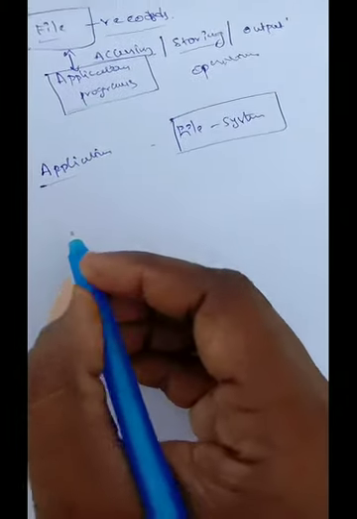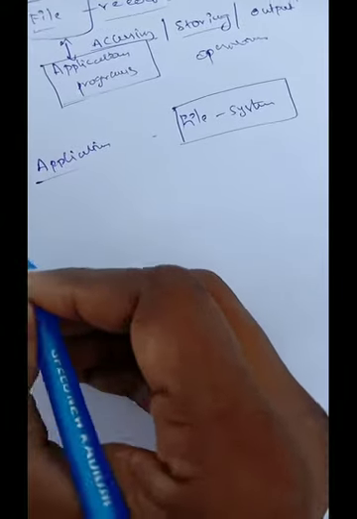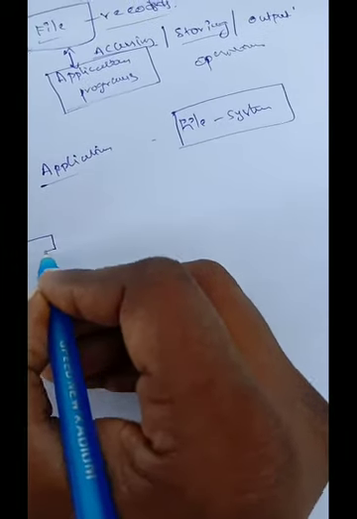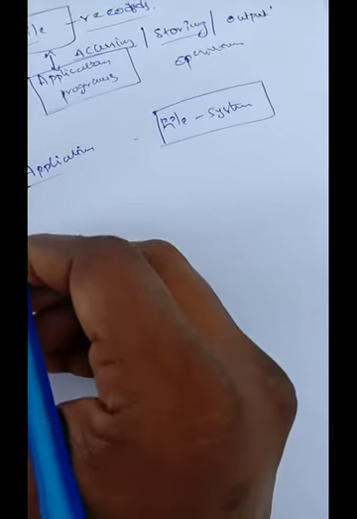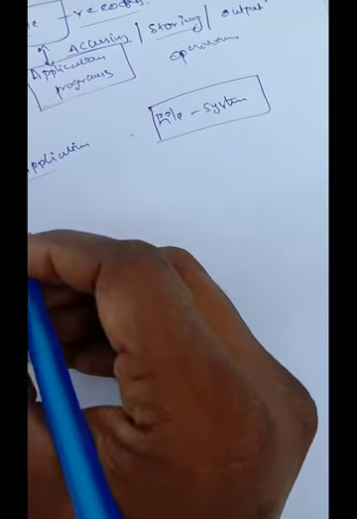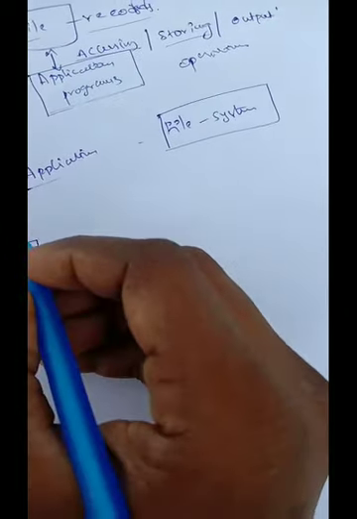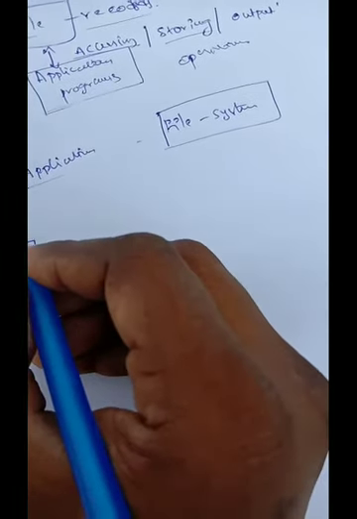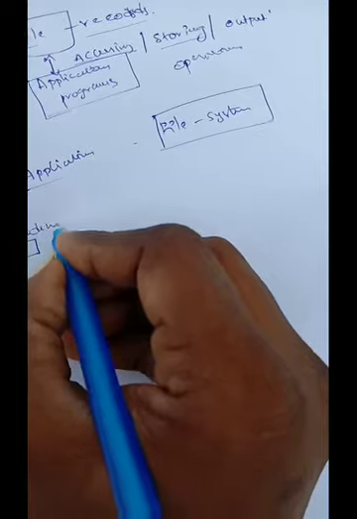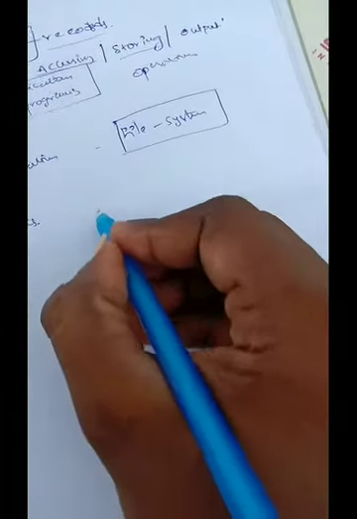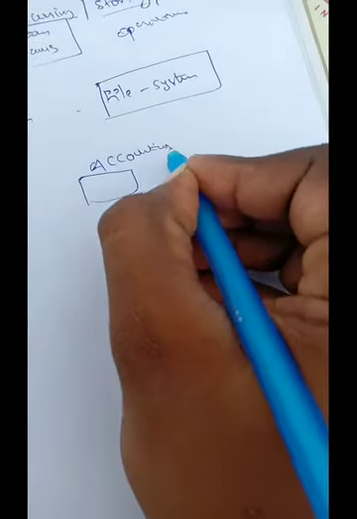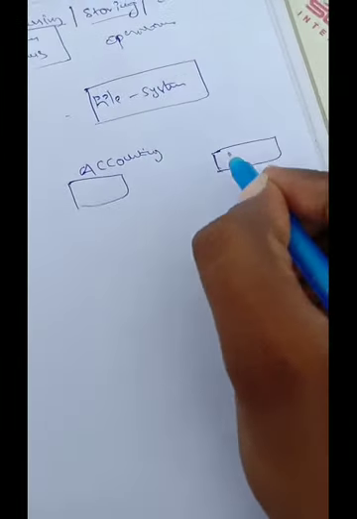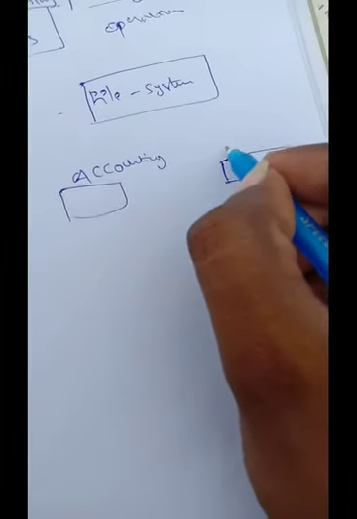For example, consider an organization maintaining the data of students. One application in this system is academics, the next one is accounting, and the next one is the library system or application.